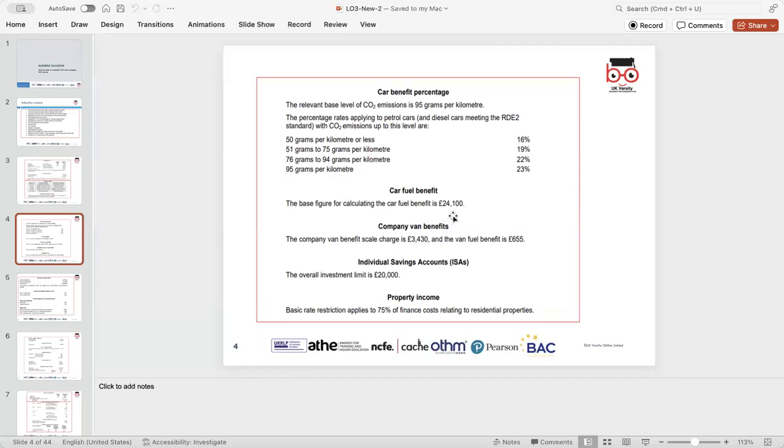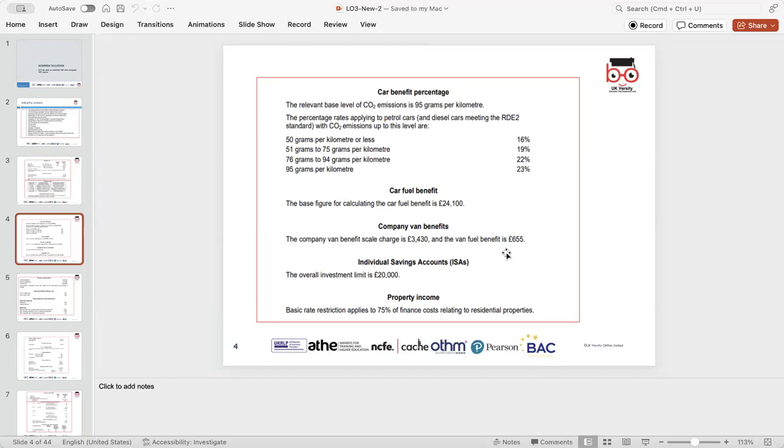This is used to determine the taxable benefit for having access to company-provided fuel for private use. For van benefits, the scale charge is set at 3,430 and the van fuel benefit is 655 pounds. The individual savings account overall investment limit is 20,000 pounds.